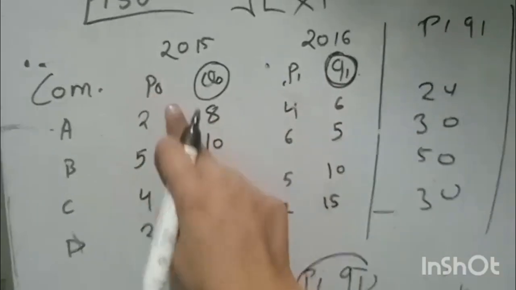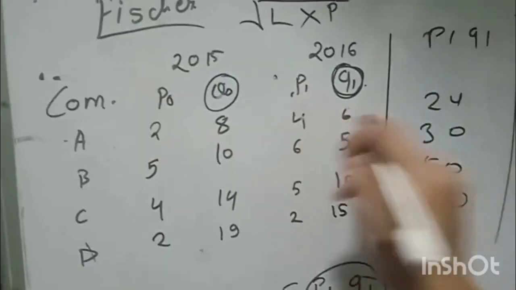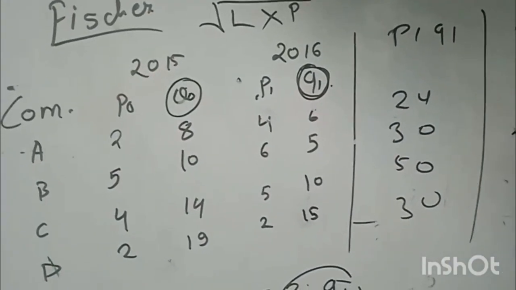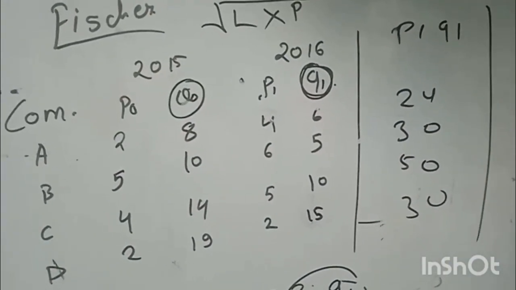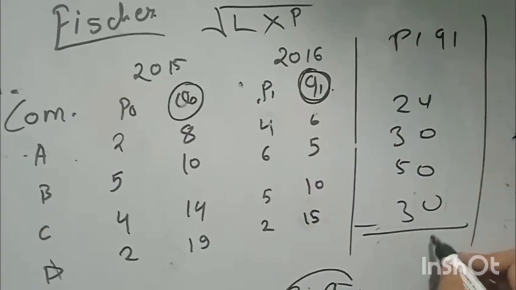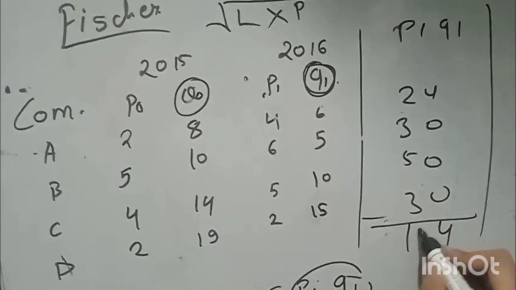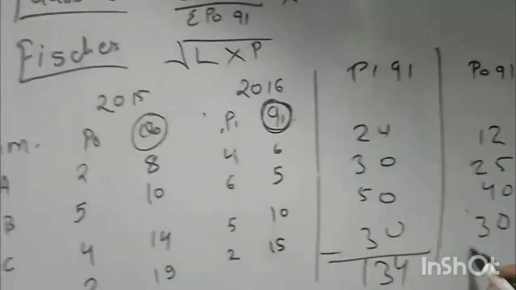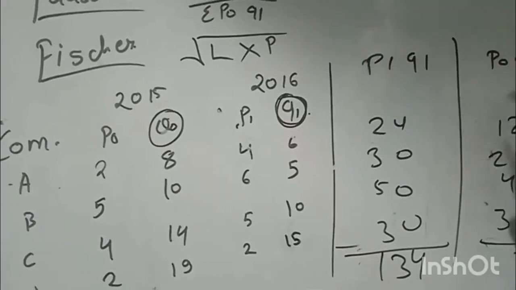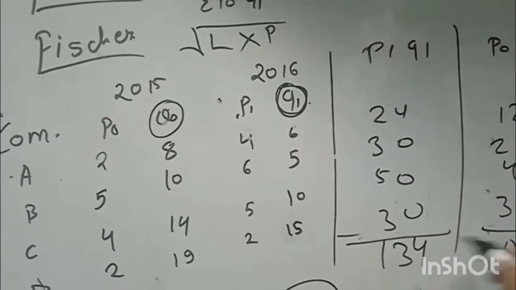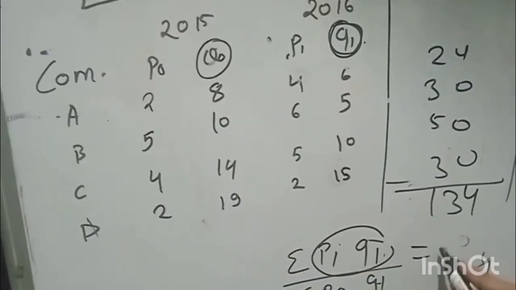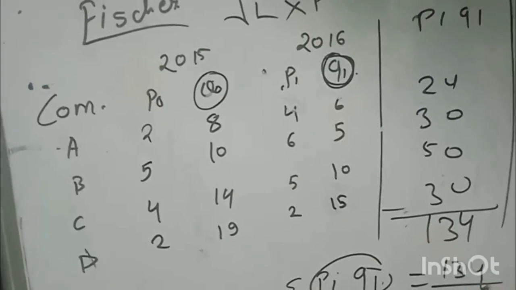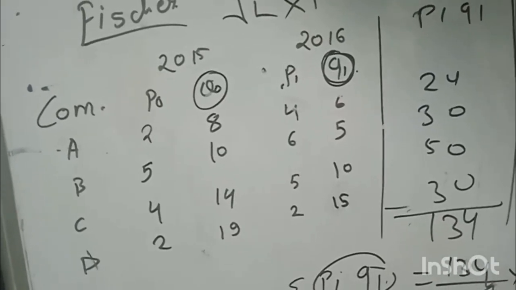Again P0Q1: 25, 40 and 30. Add all of these: 4, 5, 10, 13, 7 and 3, 107. Write it, 134 by 107 into 100.